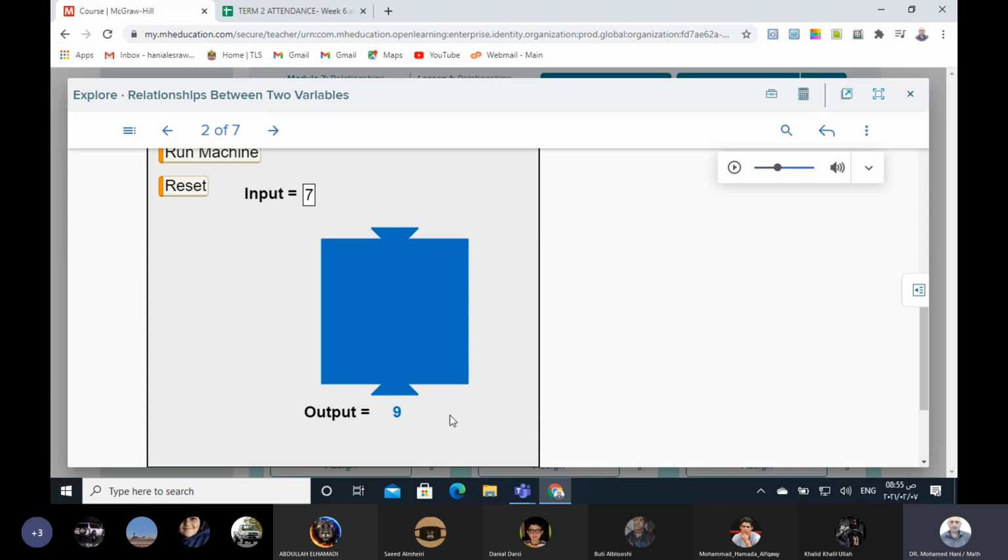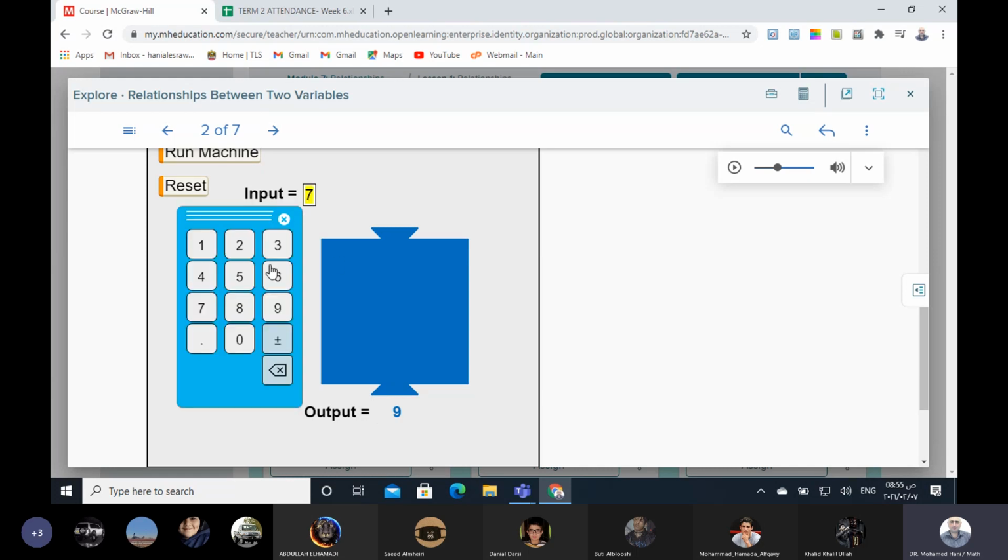How to change it from 7 to 9? We input 7, we get 9, which means the machine adds 2 to the input. 7 plus 2 equals 9. So this rule of the run machine is the relationship between input and output.